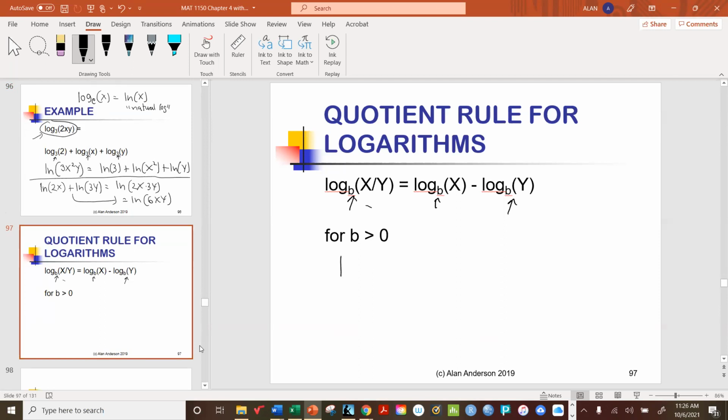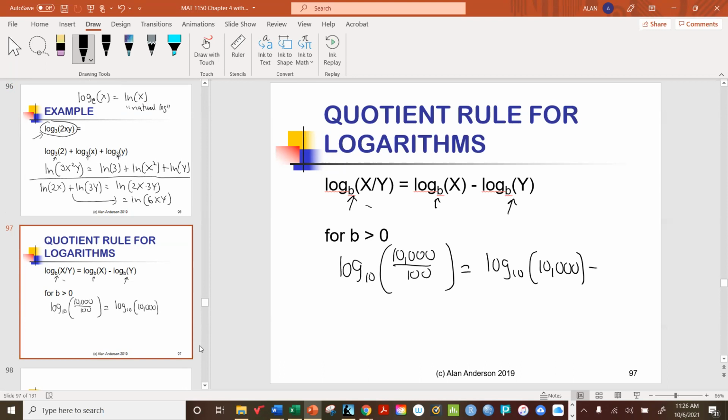So in other words, log 10 of this could be rewritten as log 10 of 10,000 minus log 10 of 100, which is 4, rather, minus 2, which is 2.